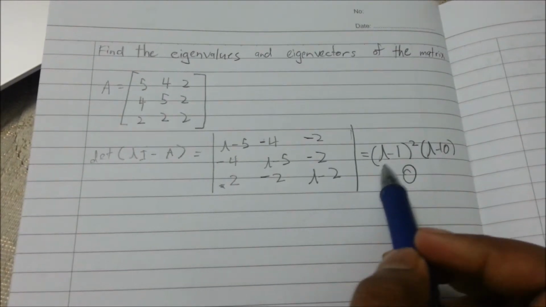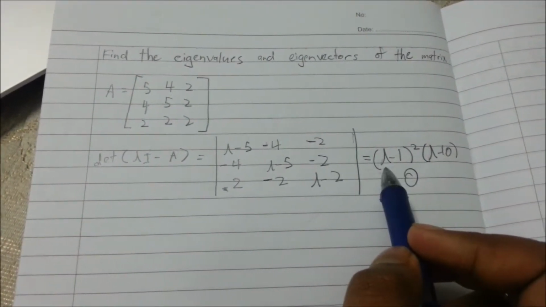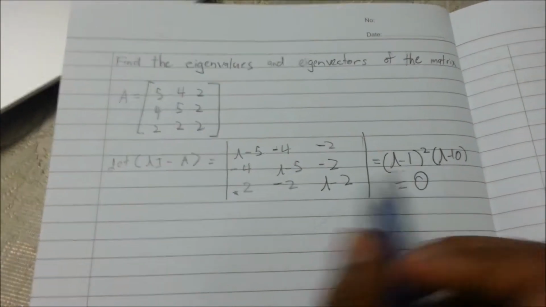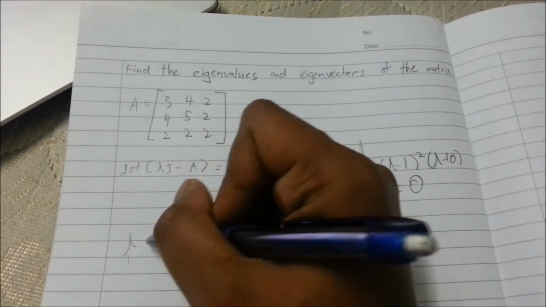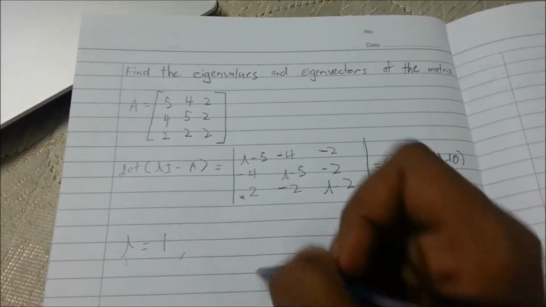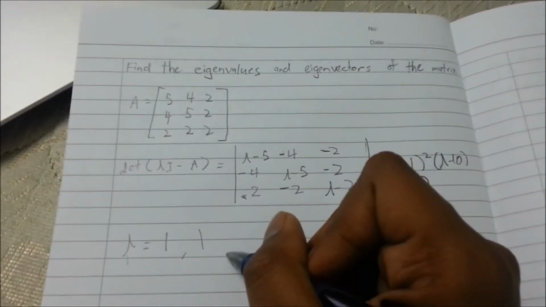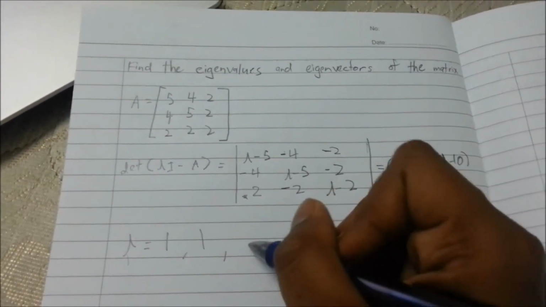Thus we are given three values of lambda, which are lambda equals 1, another 1 since it's squared, and 10.